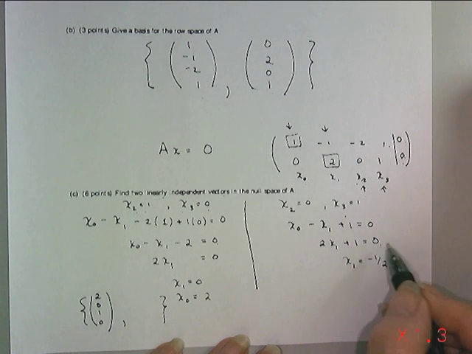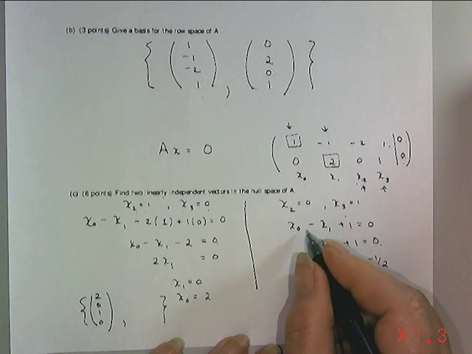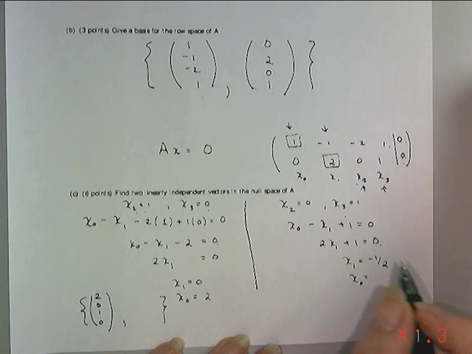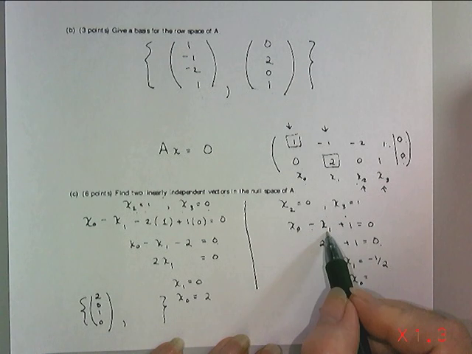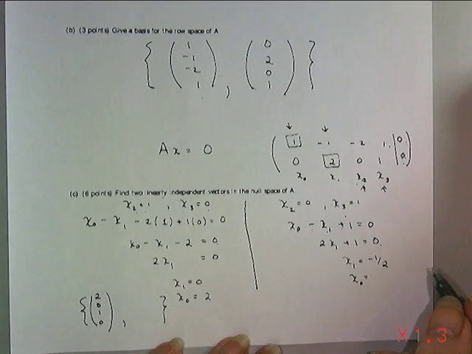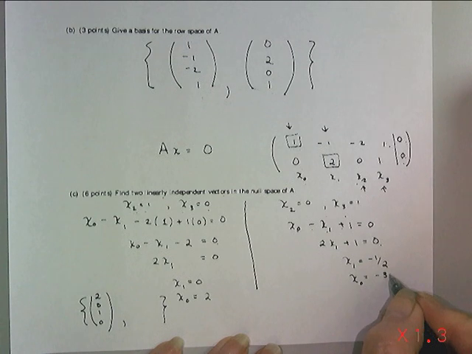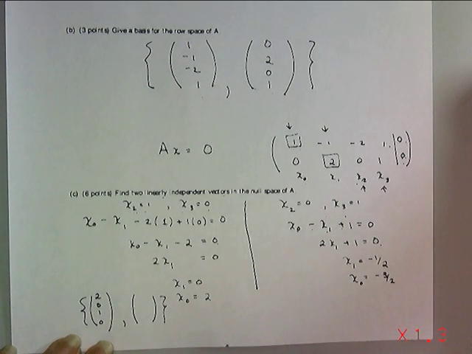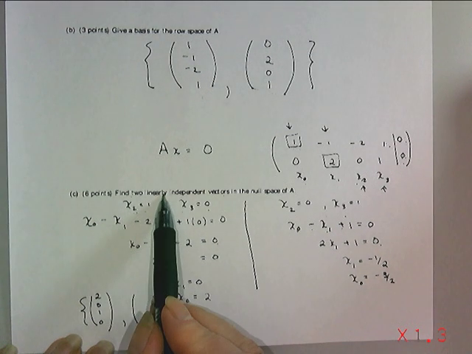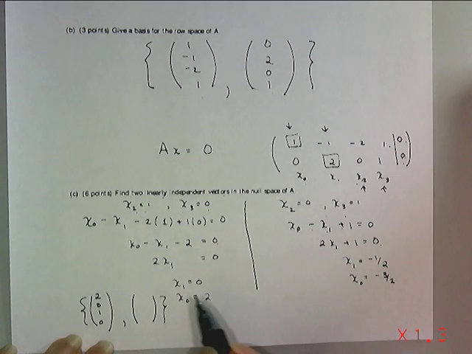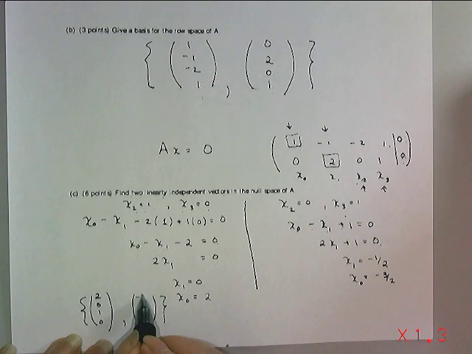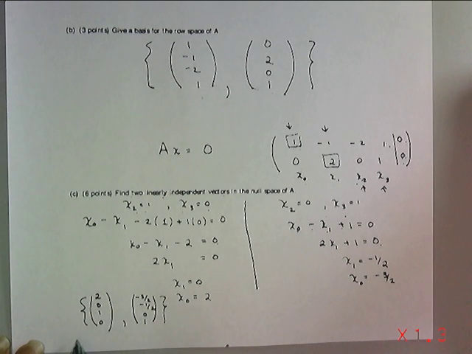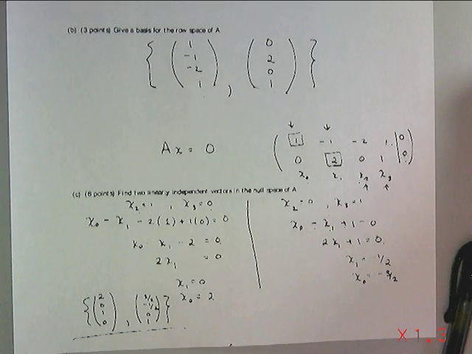That is solving this. Substituting in chi0 minus a negative 1/2 plus 1 would have to be equal to 0, which means that chi0 must be minus 3/2. So the second vector that's linearly independent in the null space would be the vector with components negative 3/2, negative 1/2, 0, 1. So that's question number 6.